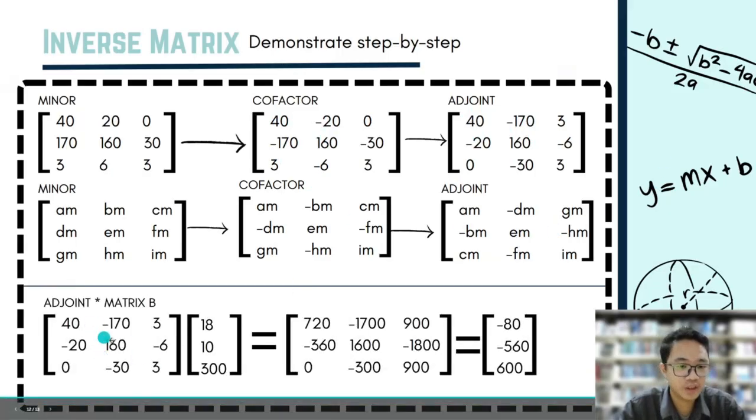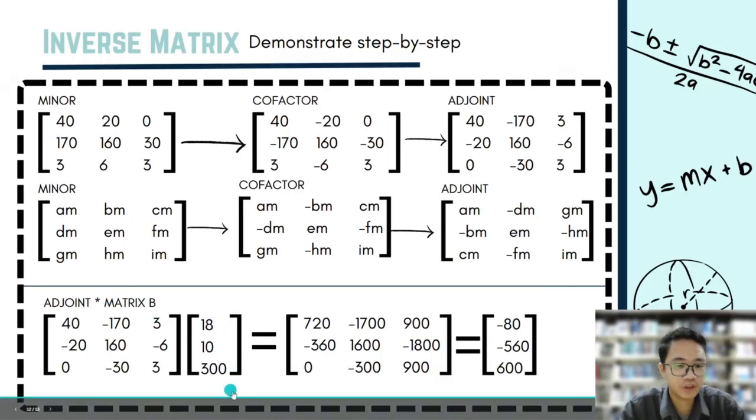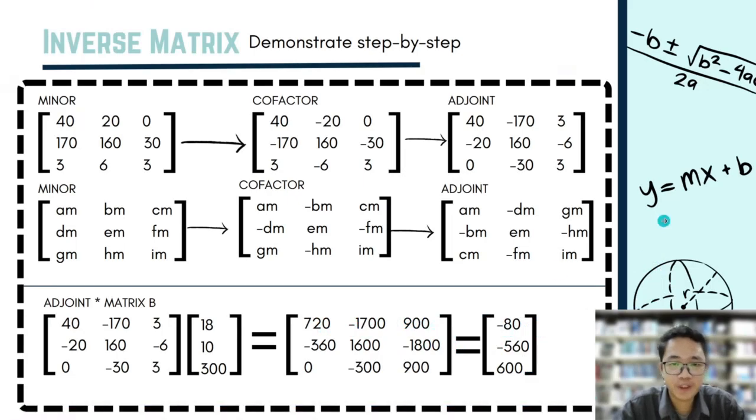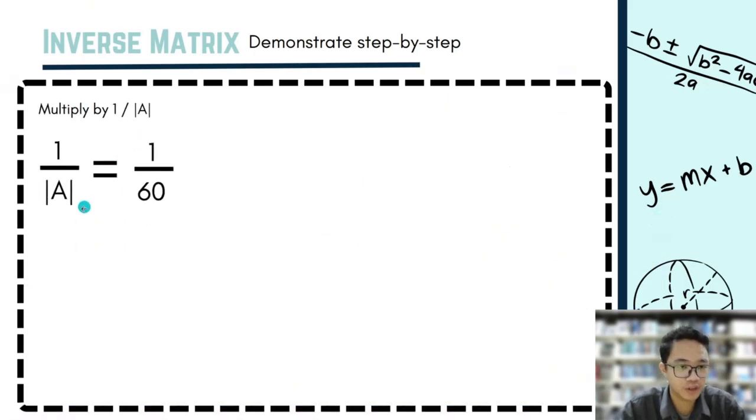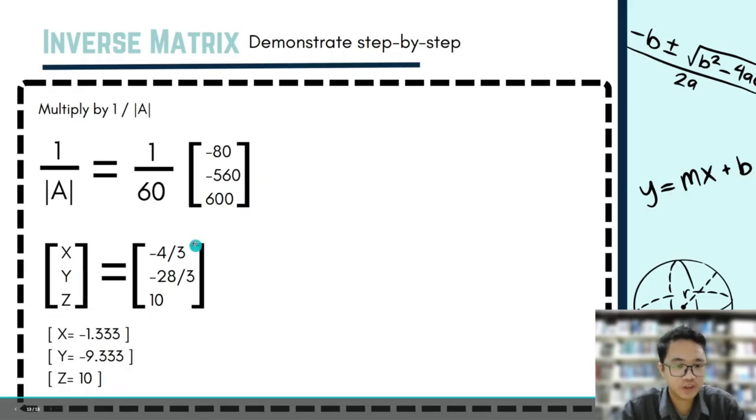The second last step is to multiply with matrix B, which we got from the previous question. After you perform multiplication, you need to sum up all these rows, and the last step is to multiply it by 1 over the determinant, which is 1 over 60, and in the end you'll get this XYZ answer, which can be in decimal form or in this form.